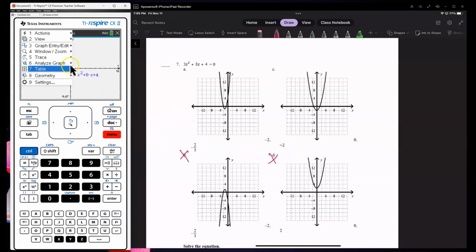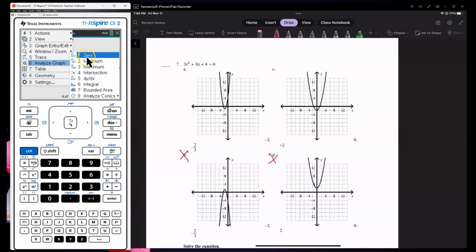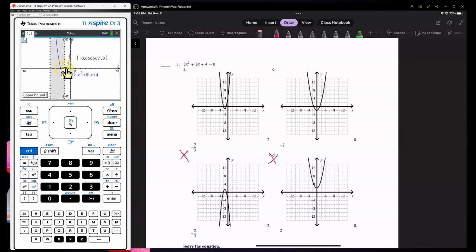So we go to Menu, Analyze Graph, zeros. So one of them is negative 0.6666, which is negative 2/3. And then the other one is negative 2, 0.